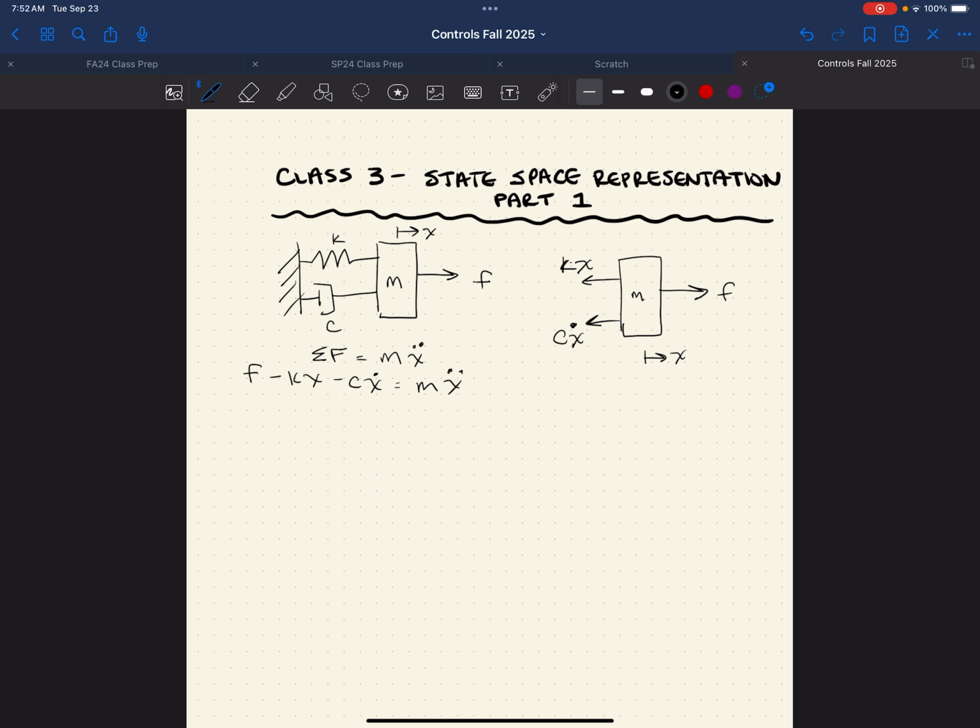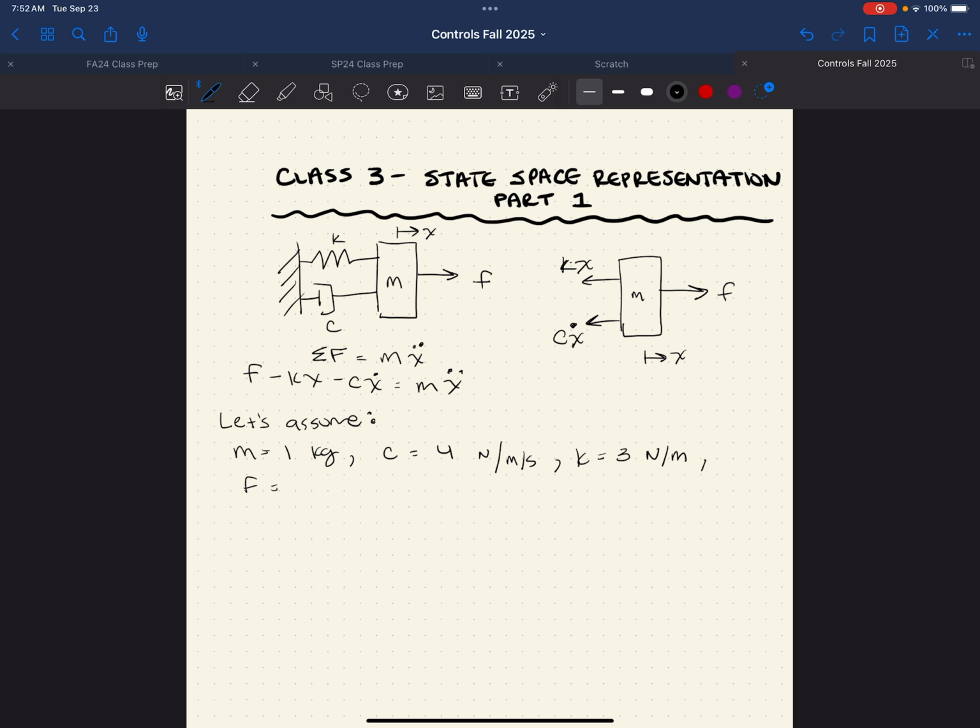All right. And now let's assume some parameters here. We'll say that mass equals 1 kilogram, c is 4, what would that be, Newton per meter per second, something like that. k equals 3 Newton per meter.